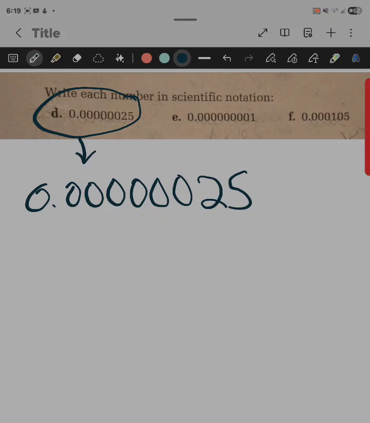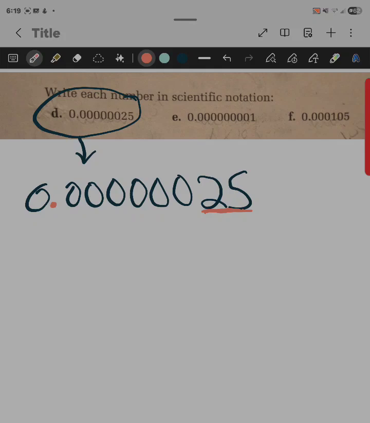All we do, the very first step, is we want to move this decimal place in between the first two non-zero numbers, okay? And we're going to find out how far we have to move it, okay? Well, what is the first two non-zero numbers that we see on the screen? It's the 2 and the 5. So we want to move this decimal place all the way right here to in between those first two non-zero numbers.